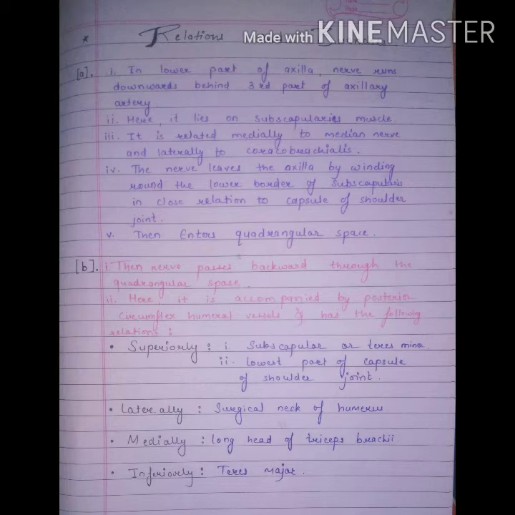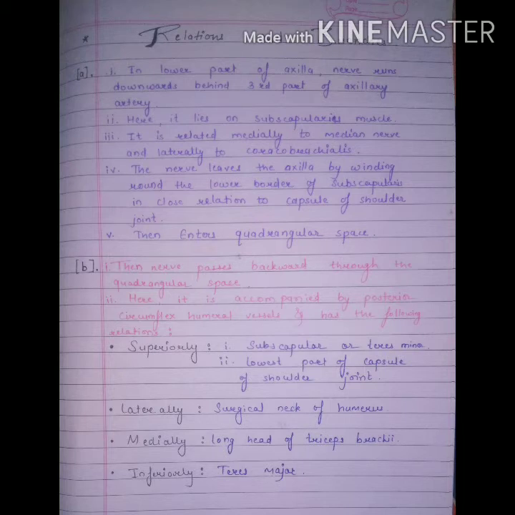Wherever the axillary nerve goes, it passes some muscles and goes through a space, the quadrangular space. Take it that way so you remember it easily.